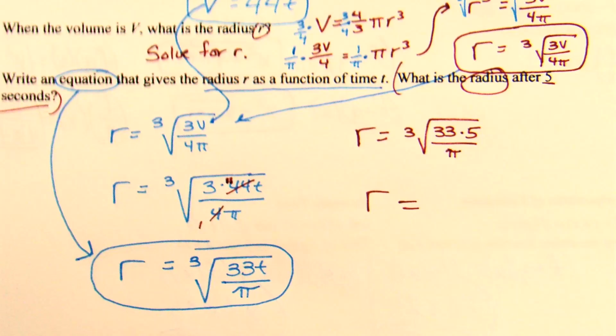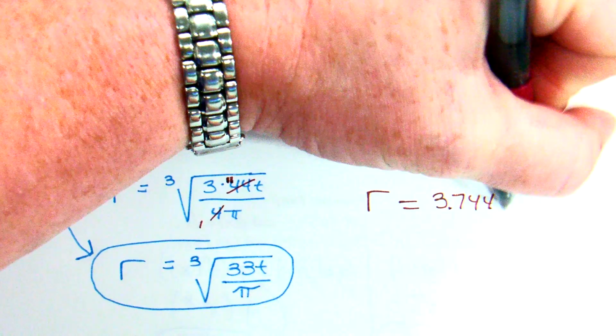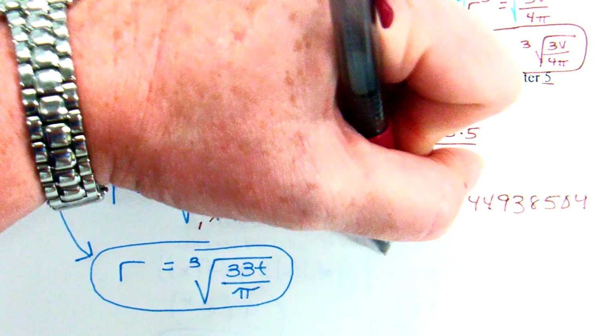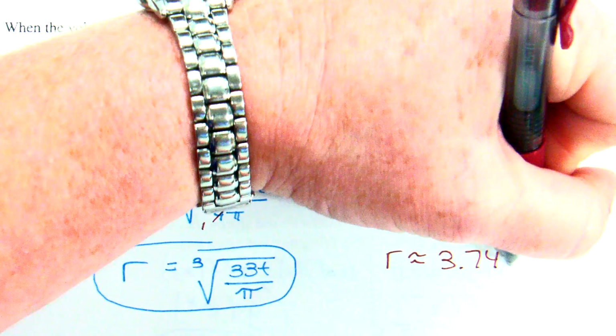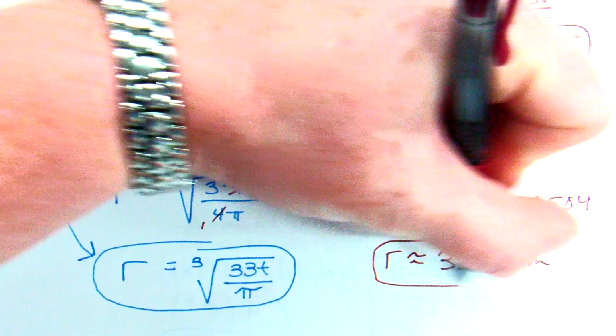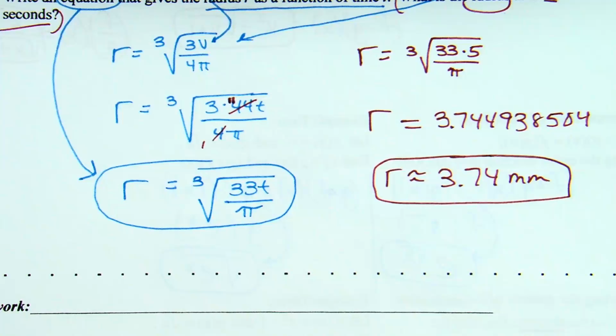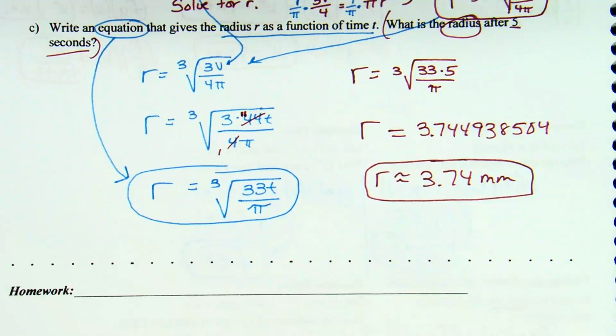Millimeters, yeah. So the whole decimal, if you had it, was 3.744938504. Rounds to be approximately 3.74 millimeters.